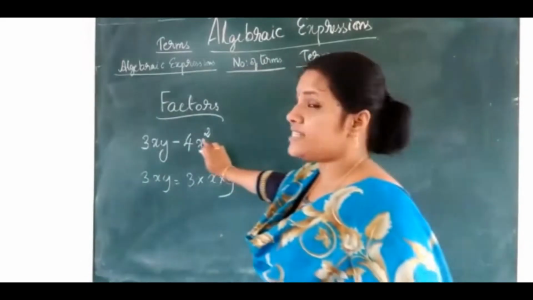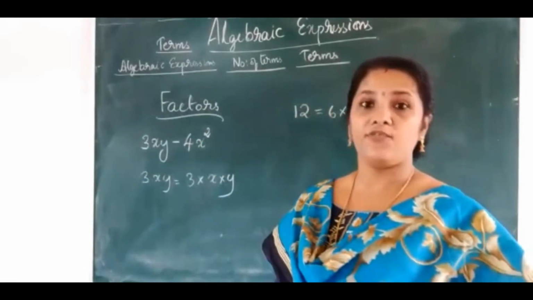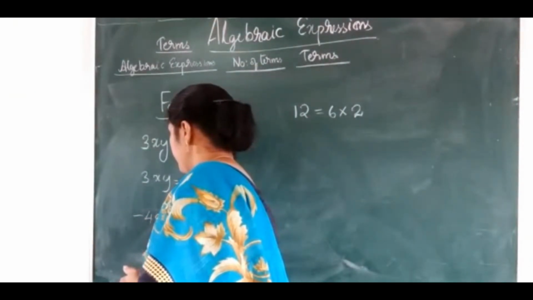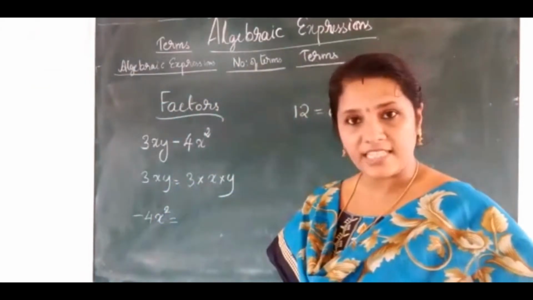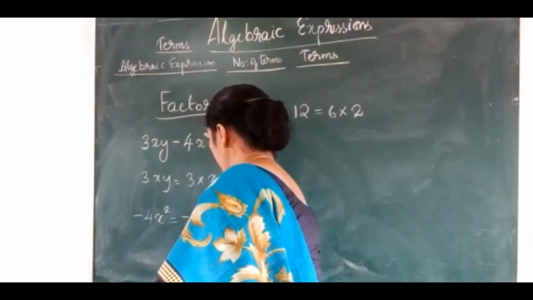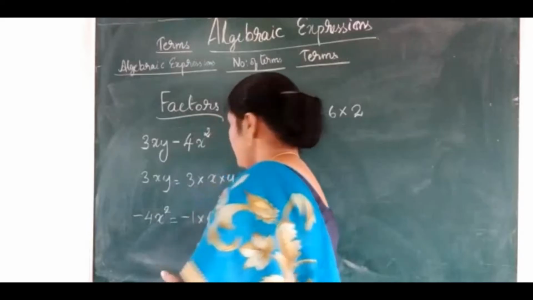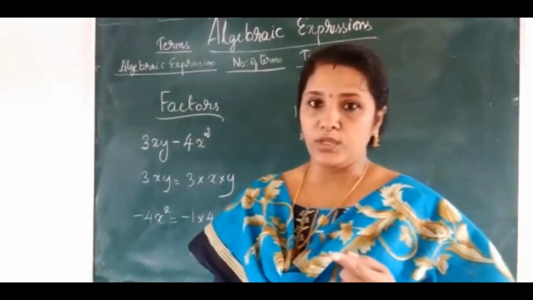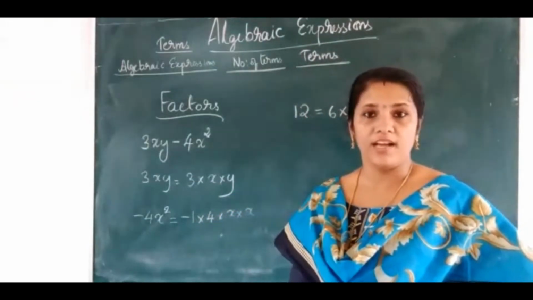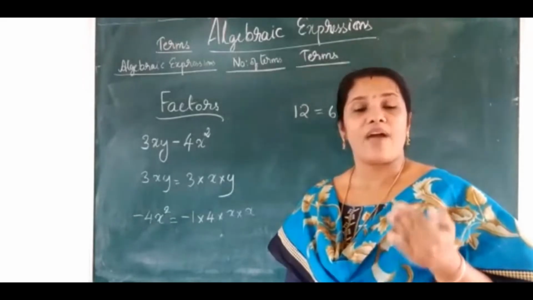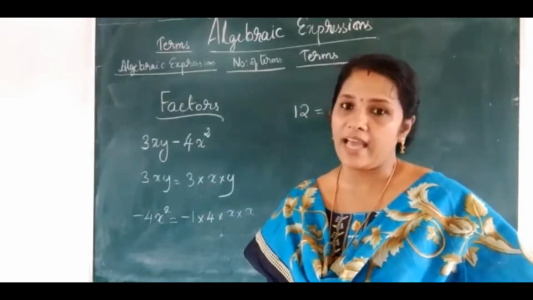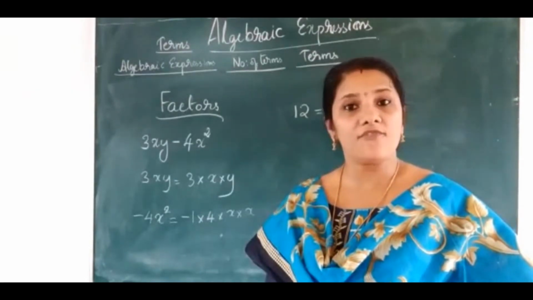When we consider the second term, negative 4x square, we wrote it as negative 1 into 4 into x into x. 4, again I can write as 2 into 2, right? So, negative 1, 4 and x are the factors of the term negative 4x square. So these are the factors.